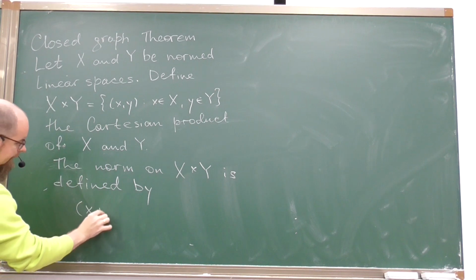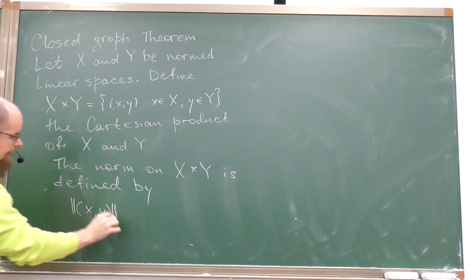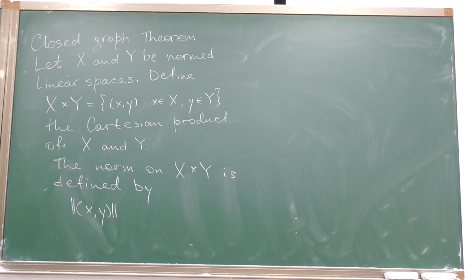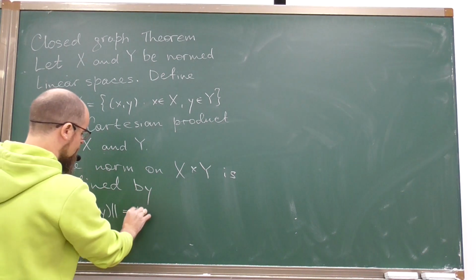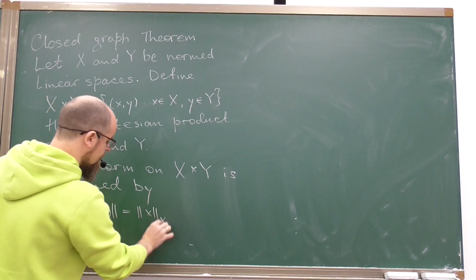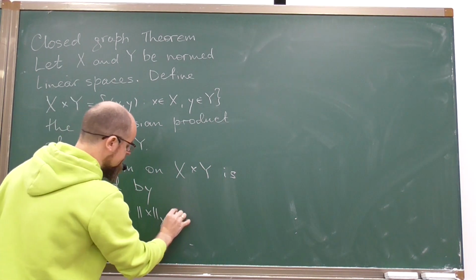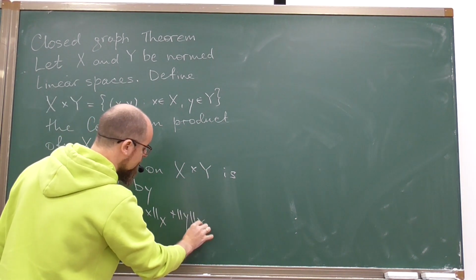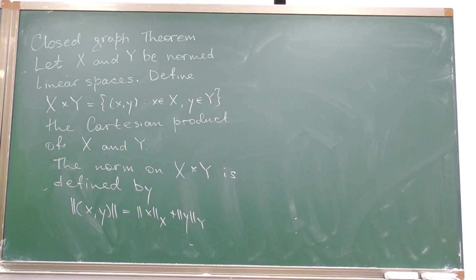So we take a pair of elements, and the norm of them is defined as the sum of the norm of x in X plus the norm of y in Y. It's fairly straightforward to verify that this is in fact a norm. What is more interesting, but again not very surprising, is that if both X and Y are Banach spaces, then the Cartesian product is Banach as well.